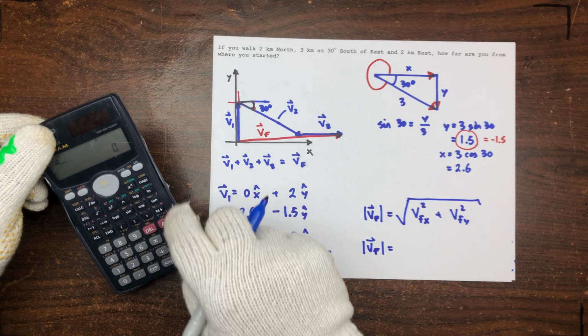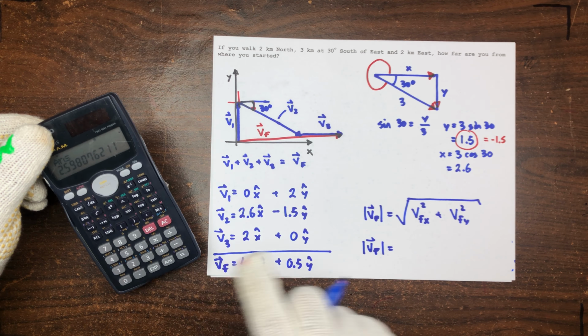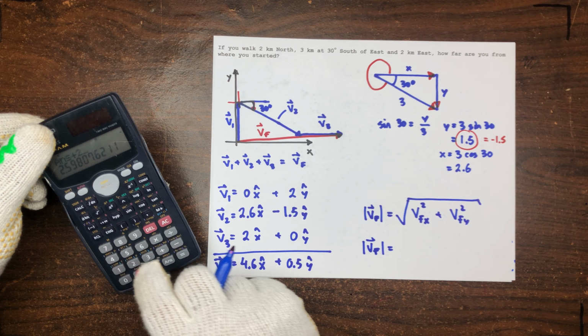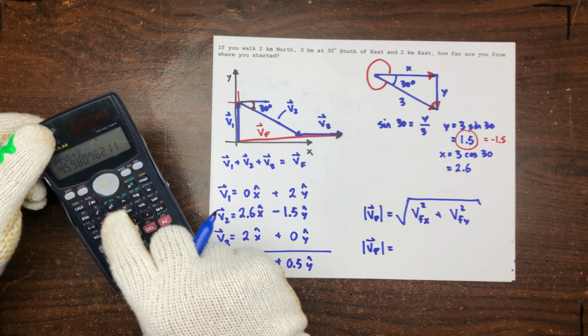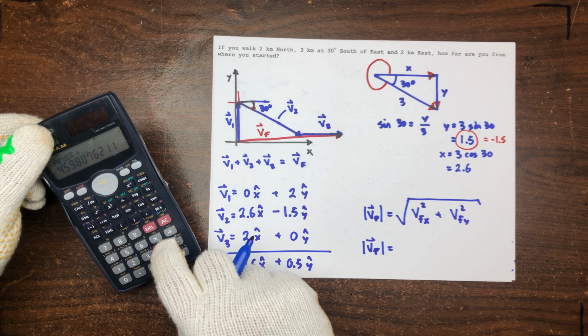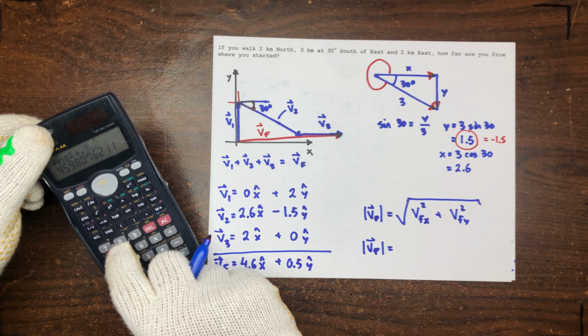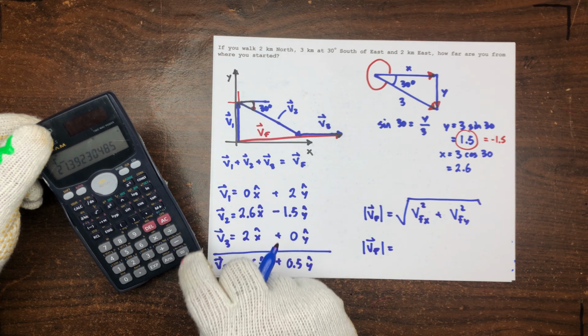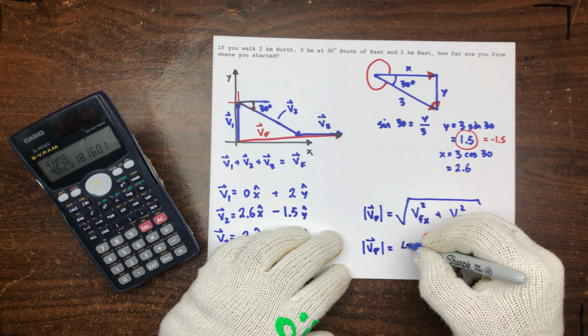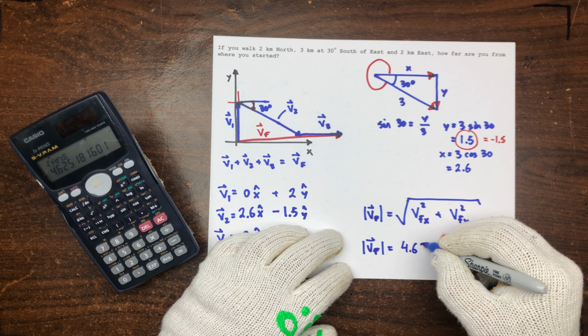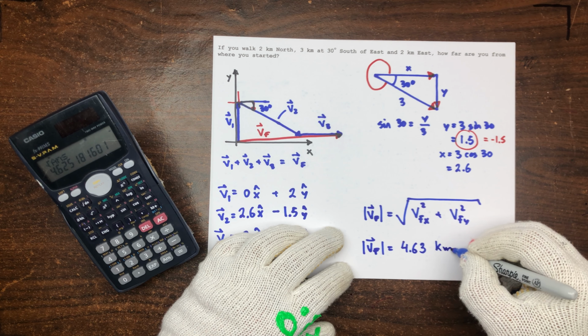Actually, adding the 2 gives me 4.9, which is more accurate. Square that answer, plus the 0.5 squared, square root of the answer is going to be 4.63 kilometers. We are in kilometers.